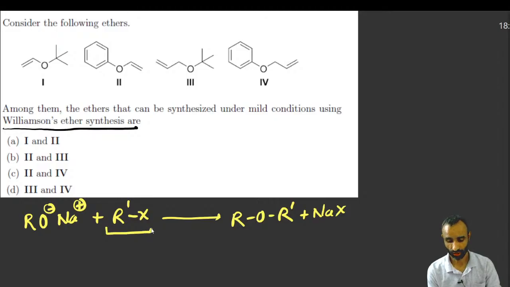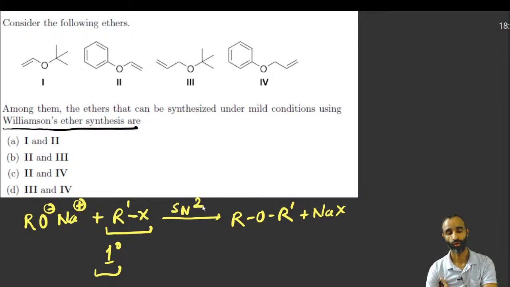And what is the nature of the alkyl halide? Means is it primary, secondary or tertiary or any? Only primary, and it undergoes SN2 type of reaction.